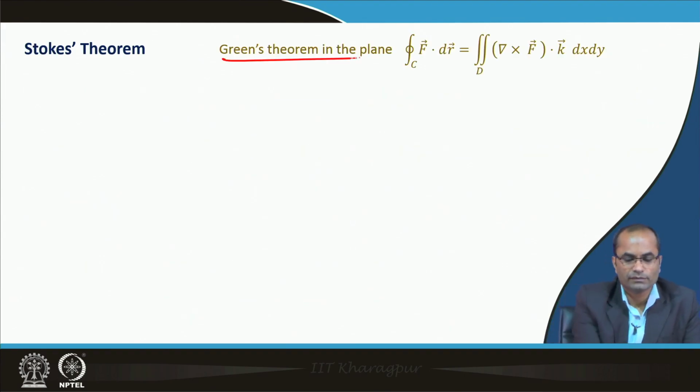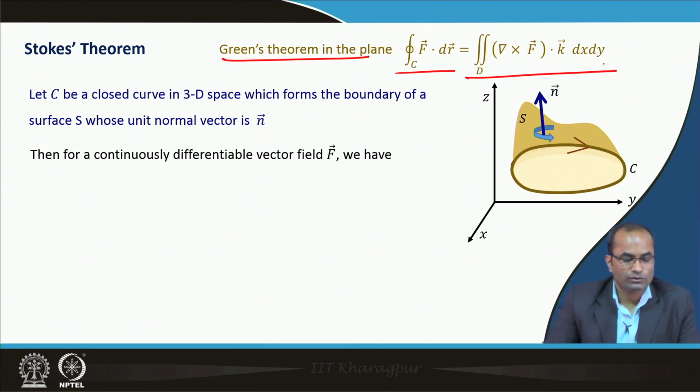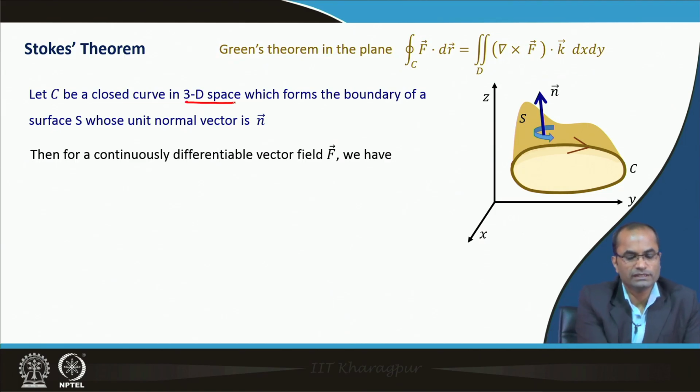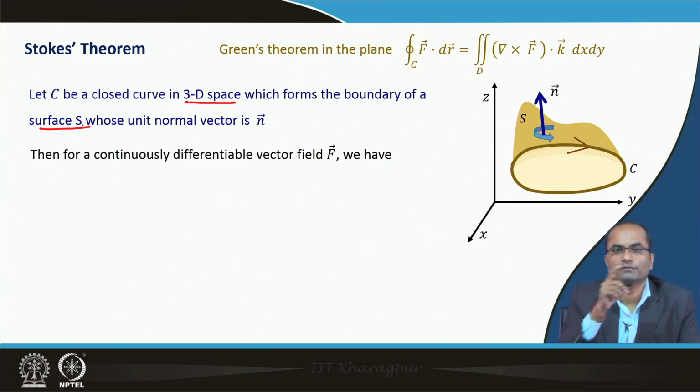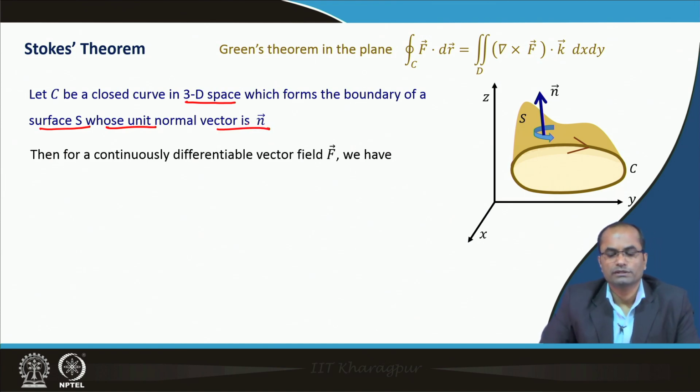So, what will happen to the new result that we will come up with? Green's theorem in the plane was given by this. Now we let C be a closed curve in 3D space, instead of 2D space, which forms the boundary of a surface. Naturally, if we are talking about a curve in 3D space, its boundary will be a surface, and suppose its unit normal vector is n.